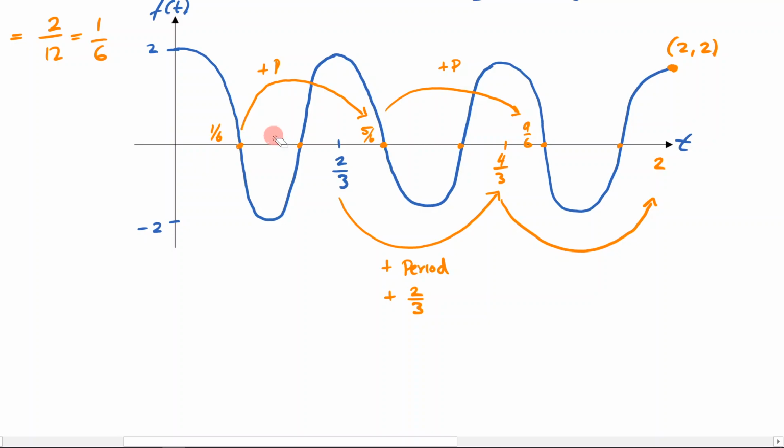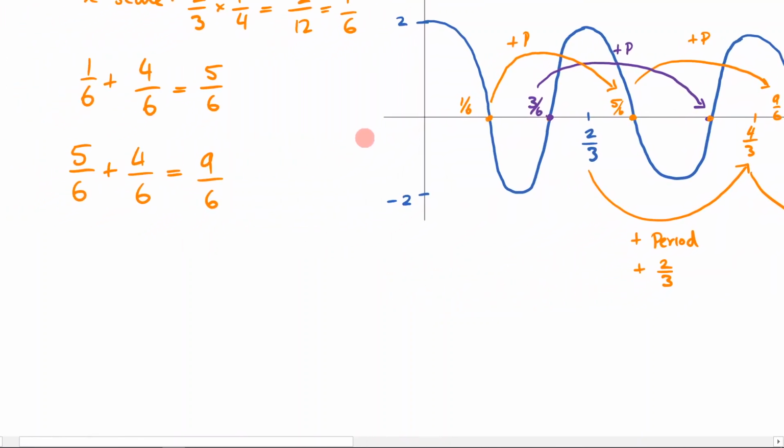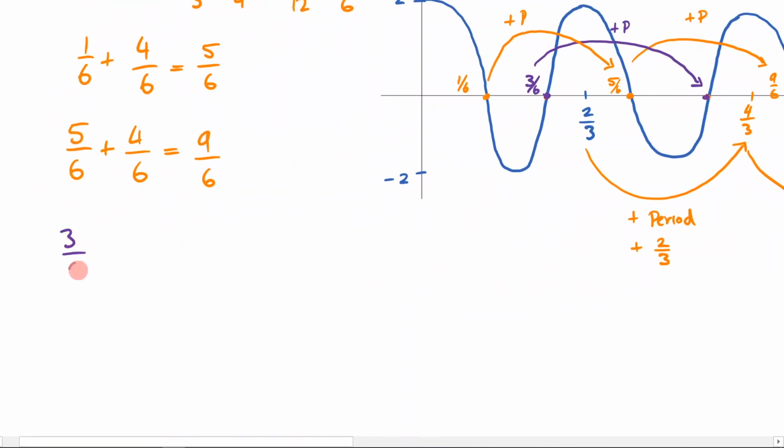Now we're going to do the same treatment, but for the other one. Let me do this in a different color. So we said this is going to be 3 on 6. To get to my next one, let's make all this purple. I'm going to have to add a period to it. So I'm going to take 3 on 6 and add onto that 4 on 6, which is going to give me 7 on 6.